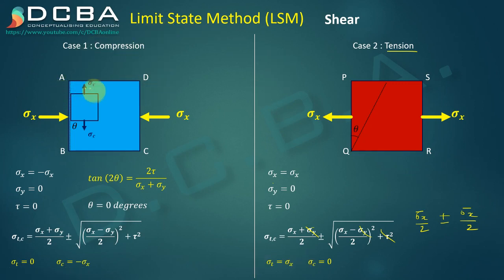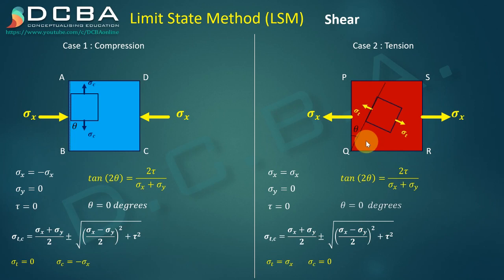Similarly here, when this element is at the boundary of compression, the tension stresses are 0 and it only has the compression one. So again here theta will be 0, and this is that element which is not having compression, it is only having tensile stresses, and the alignment of that plane is vertical because it has 0 degree.